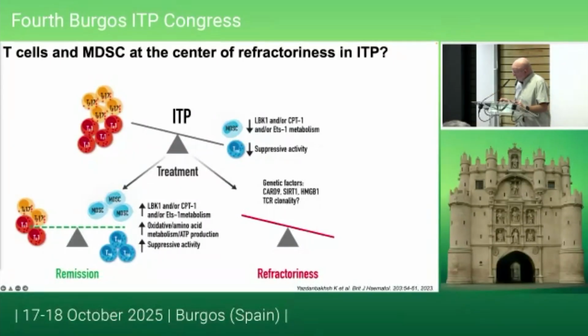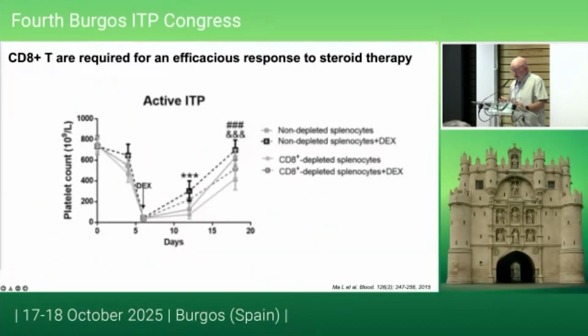The first model was in fact by Hey-Yun's group, showing that CD8 T cells seem to be required for an efficacious response to steroid therapy. This is a rather complicated graph, but if you deplete the spleen cells of CD8s and put them into the SCID mice, they don't respond to dexamethasone very well at all, not as well as if you don't deplete.